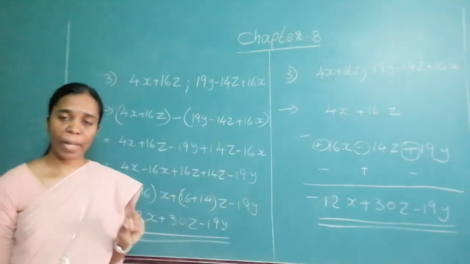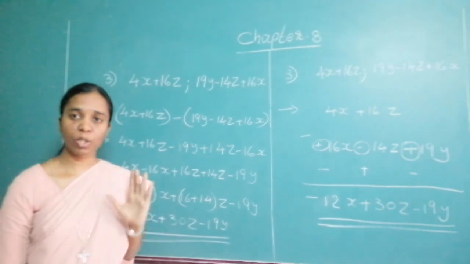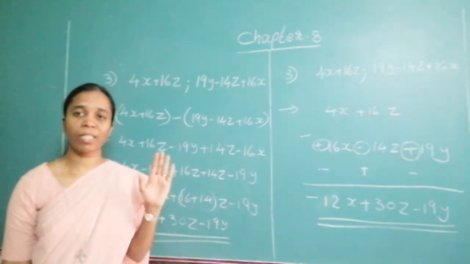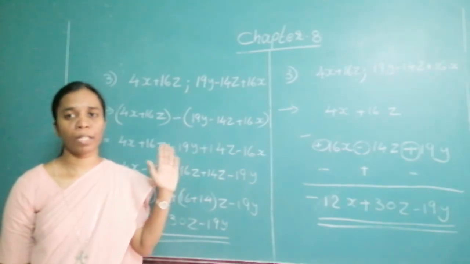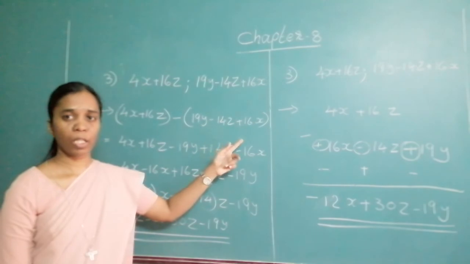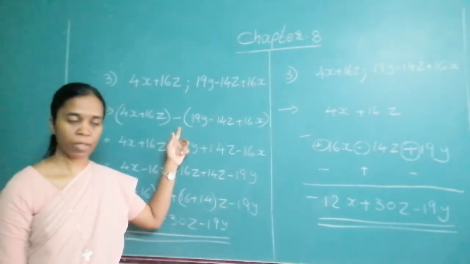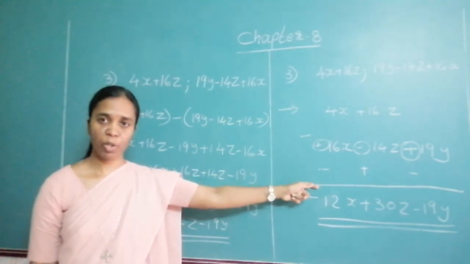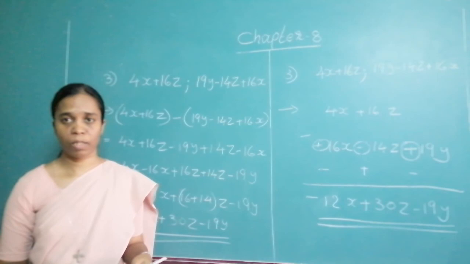So please practice it. Take your time for each question and do it slowly so that you understand it thoroughly. So you will not make any mistake even in higher classes. Okay. So please practice this part very well. How to open the bracket with a sign outside. How to change the sign, do the operation. Please practice. And I want you to solve it by both the methods. Okay.